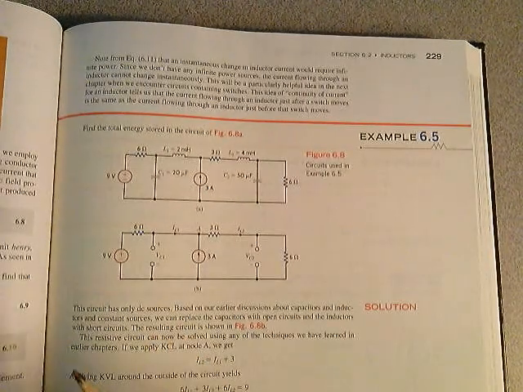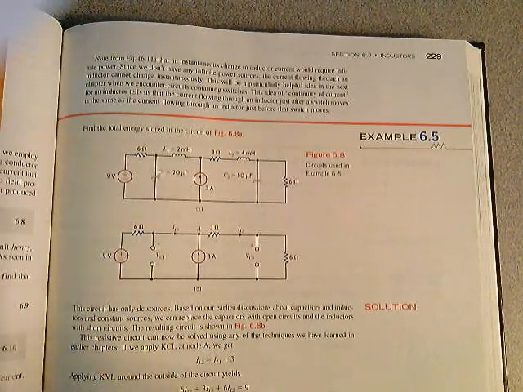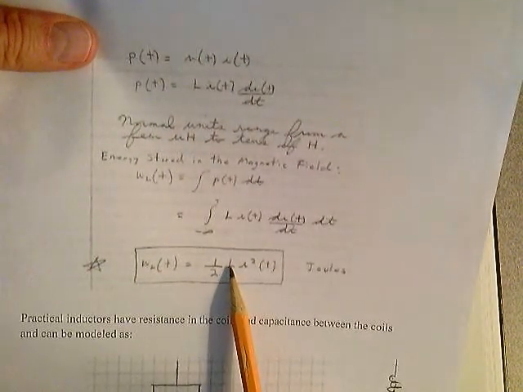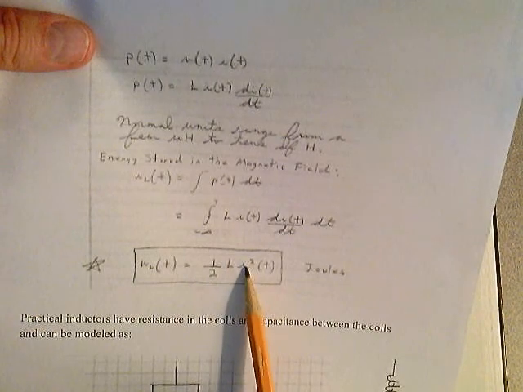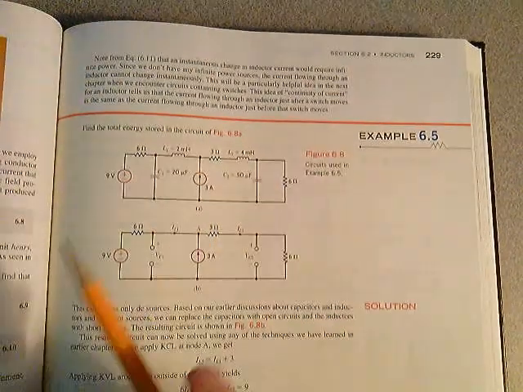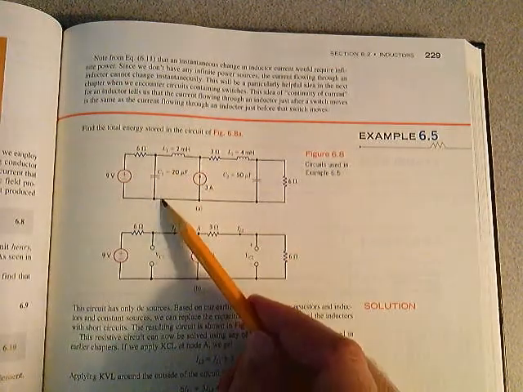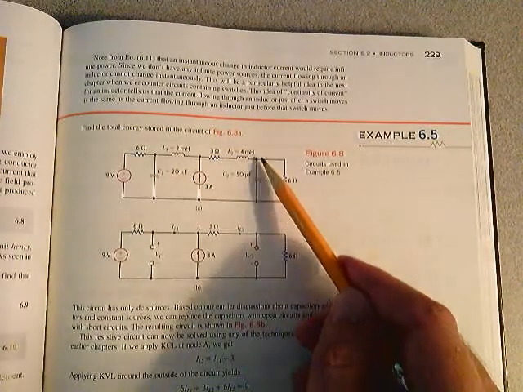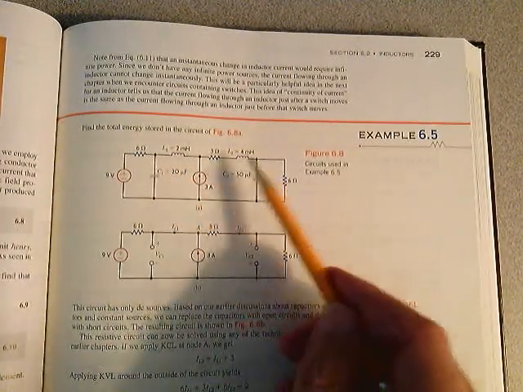Then you can go back and use this equation here. The energy stored in each one of them is 1/2 that inductance times the current squared for this one and for this one. And you just have to find the voltage at this point with respect to ground. In other words, find the voltage across C1 and find the voltage across C2, with these looking as open circuits.